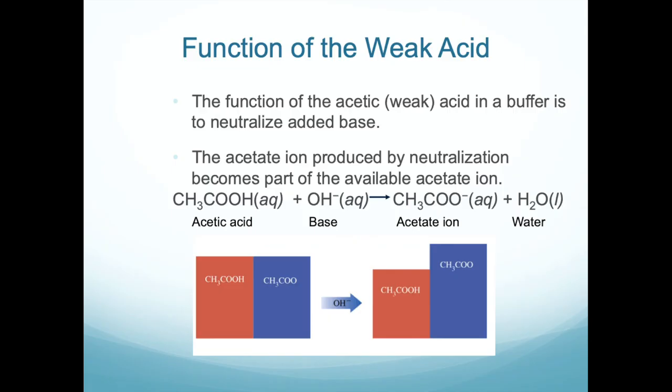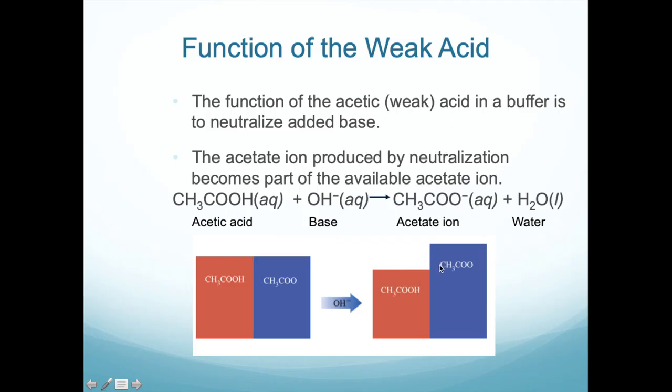So, how does that work? Well, you start off with large amounts of your acid and base, right? And the conjugate. What happens if we added a strong base to this? Well, our acetic acid, of course, being an acid, will react with the base, the hydroxide ions from the base that you added, and form some more acetate ion using this reaction.